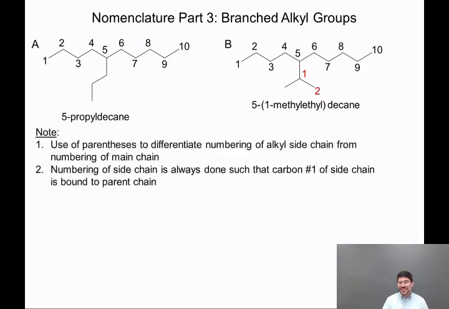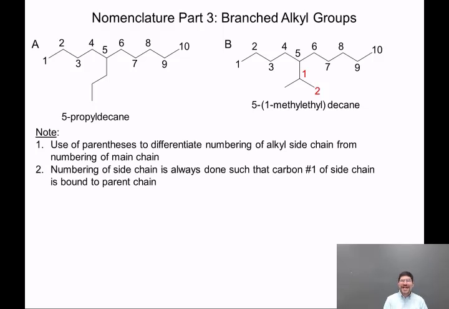Parentheses, yes, we use them here to differentiate the numbering of the alkyl side chain from the numbering of the main chain. So the 1-methyl ethyl is the side chain and it goes completely in parentheses. And secondly, note the numbering scheme of the side chain in red. The side chain is numbered such that carbon 1 of the side chain is bound to the parent chain.